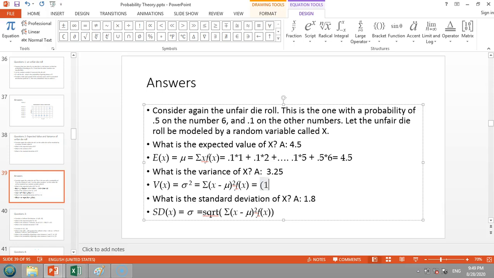Do it like this. 1 minus 4.5 squared times 0.1. 0.1 is the corresponding probability on the first outcome. Okay, like this.